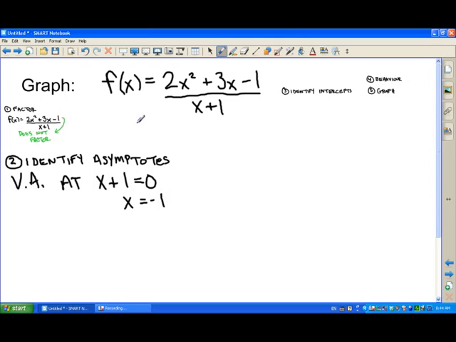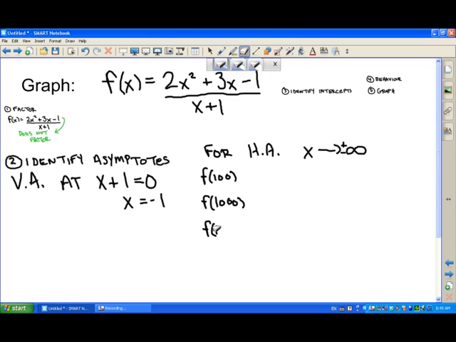Last week when we were trying to find horizontal asymptotes, we would check values of x that got very, very big. So as x approached positive and negative infinity. And we can do the same thing here. We can evaluate our function at 100. We can evaluate it at 1,000. We can evaluate it at 10,000.